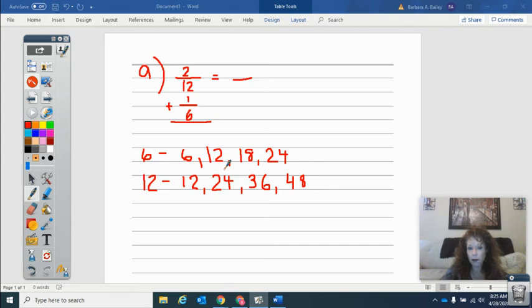6 and 12 have a lot of common multiples, but we want to find the lowest one because that makes simplifying at the end a lot easier. I could have picked 24, for example, but that's not the lowest, so we would have more simplifying to do at the end. So I'm going to start with the lowest common multiple, which is 12.